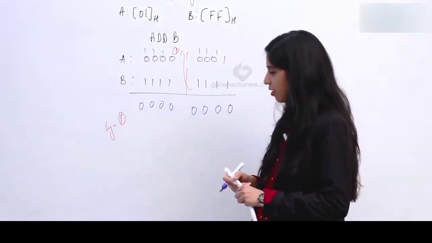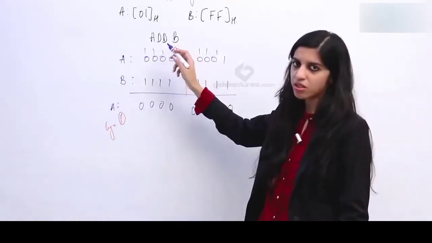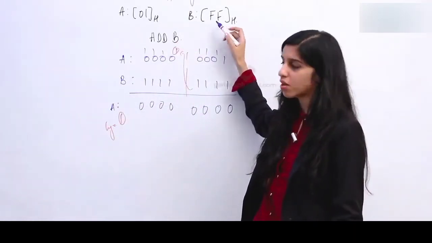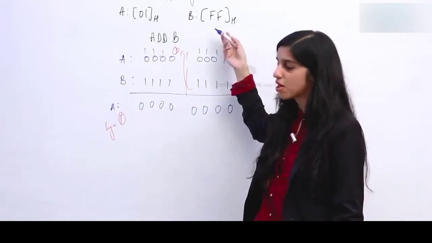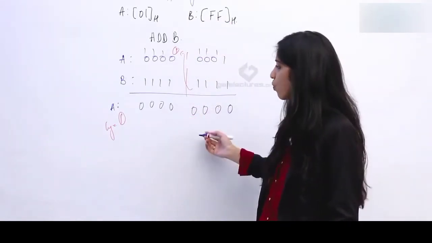So see, finally the contents of the accumulator. After this instruction the contents of B are not going to change. The register B is untouched. The contents of the accumulator are going to be overwritten with the result, which is 0.